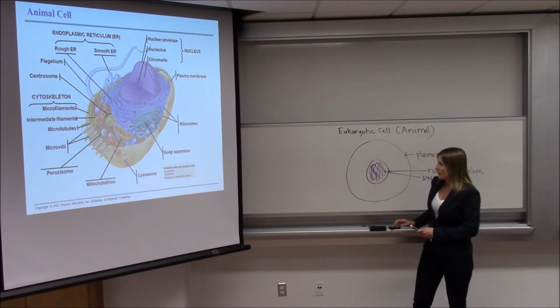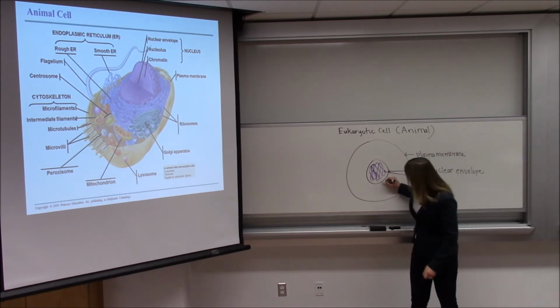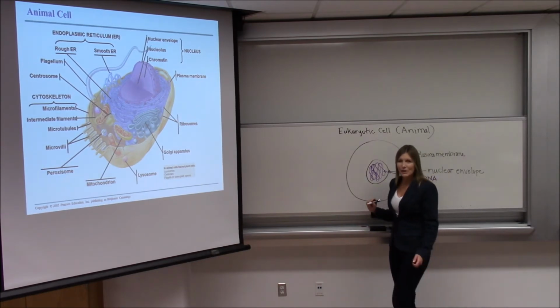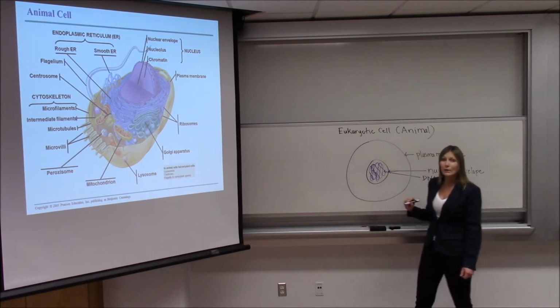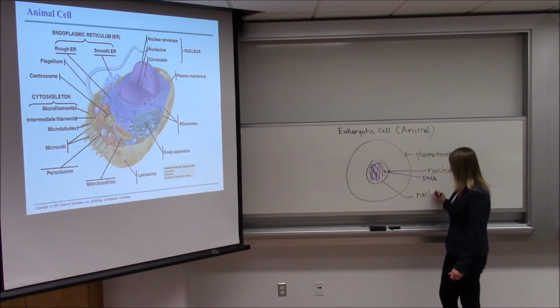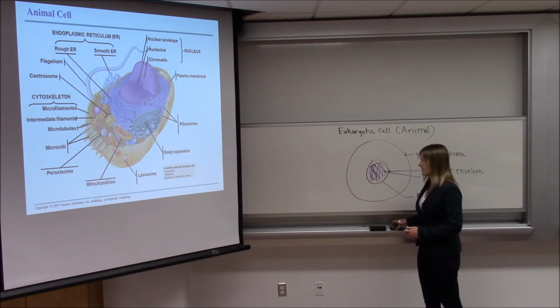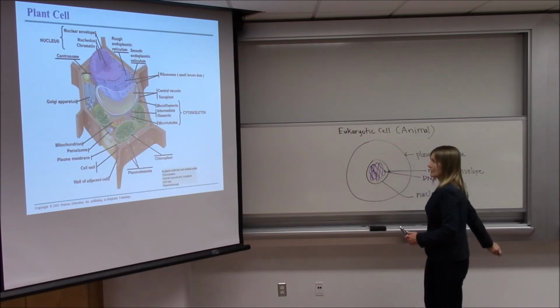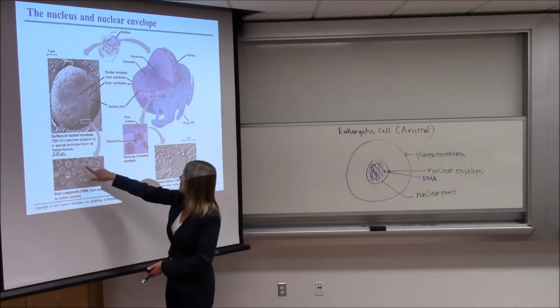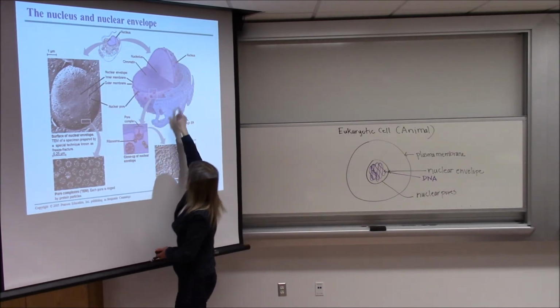This nuclear envelope has little openings in it, so materials can move in and out of the nucleus, and those openings are called nuclear pores. So nuclear pores are going to allow materials to move in and out of the nucleus. Let's look at what those look like. Okay, so these are the little nuclear pores, and you can see them covering the whole nucleus.